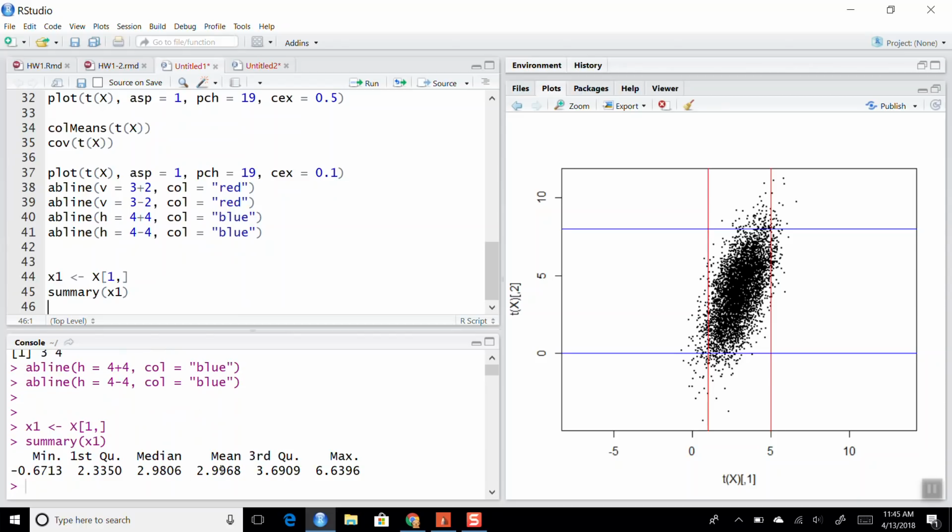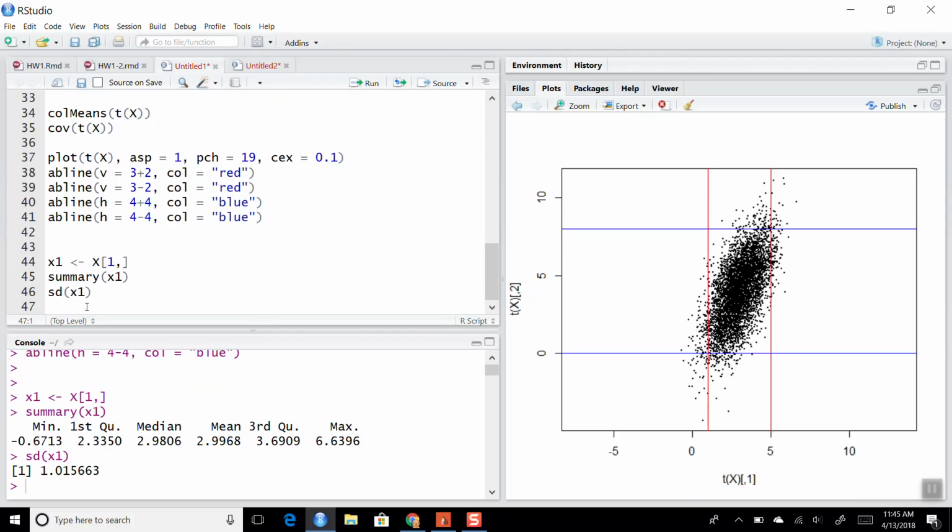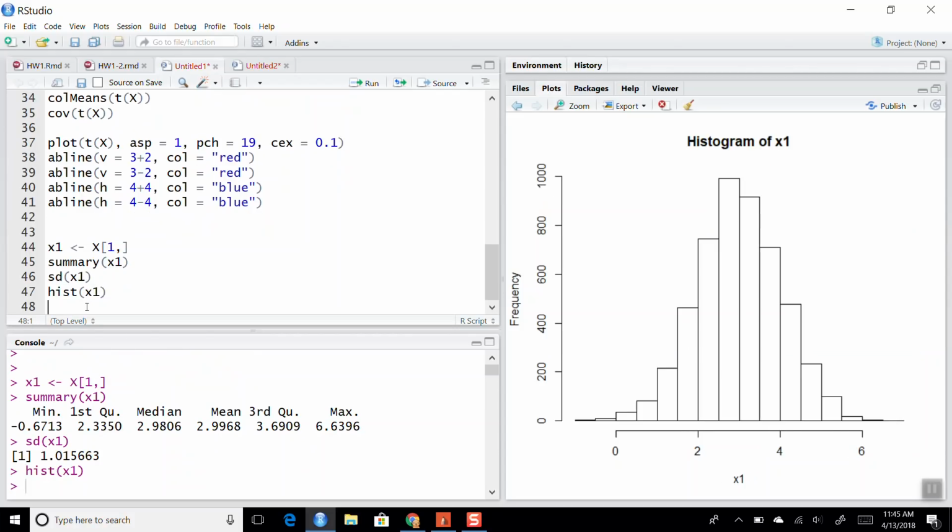Indeed, we get a mean close to 3, and we can see that our values follow what we expect. If I plot a histogram of x1, it does look normal.